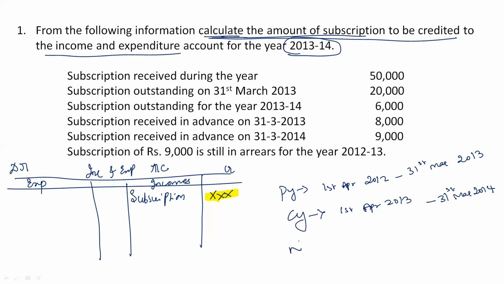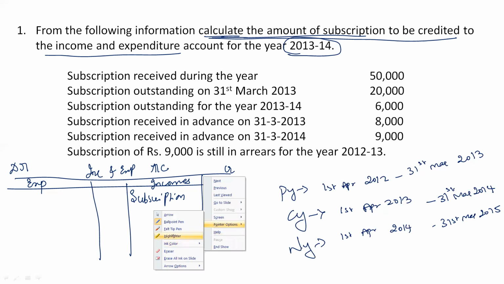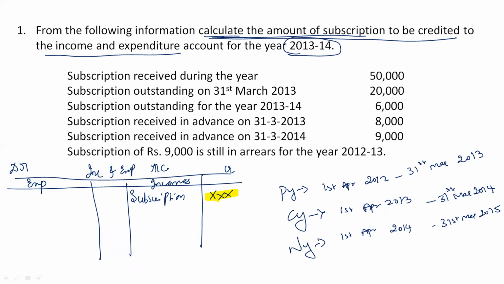Next year will start from 1st April 2014 and end at 31st March 2015. Even if you are preparing any account in the NPO chapter, it's better to write down which is our current year, previous year, and next year.